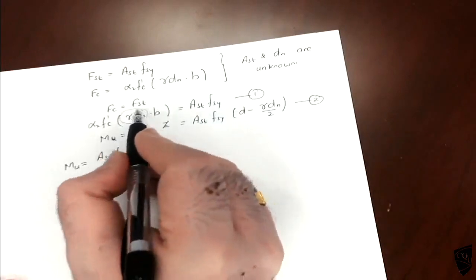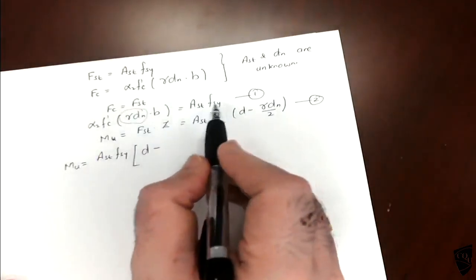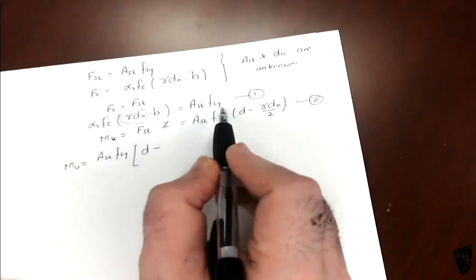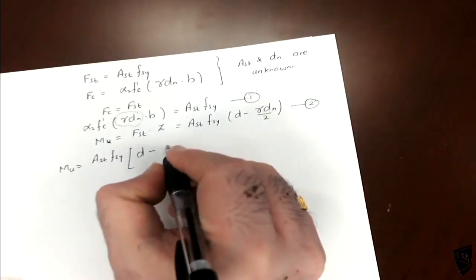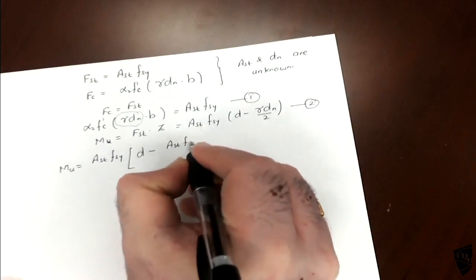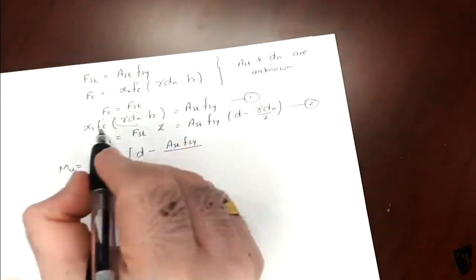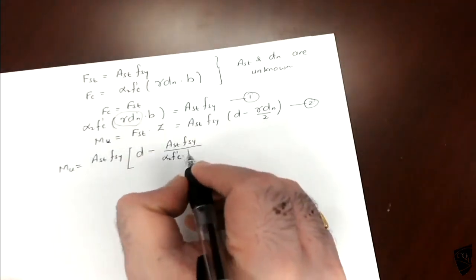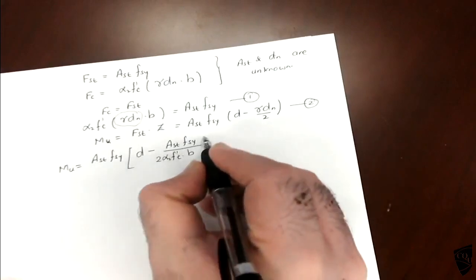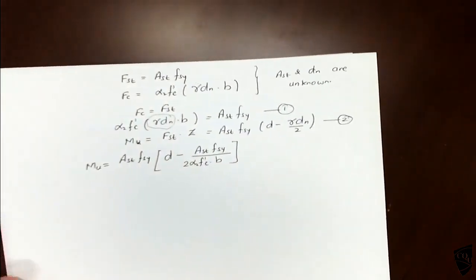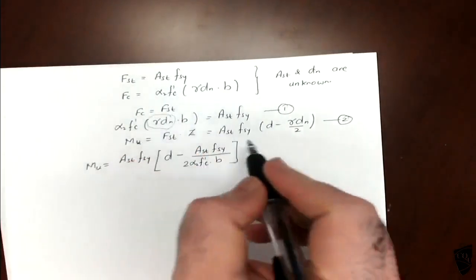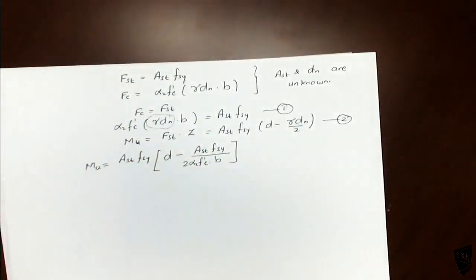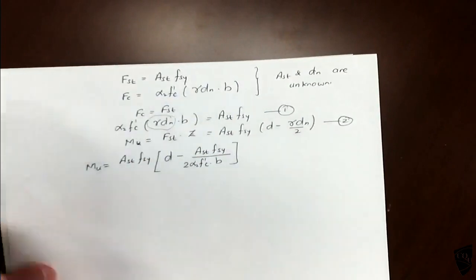Gamma dn is this one, equal to this divided by these three. So I'll put Ast fsy divided by alpha 2 f'c times b, there's a 2. So I substitute gamma dn from this one here.